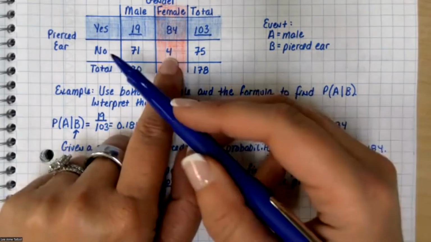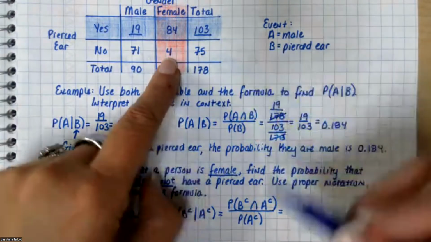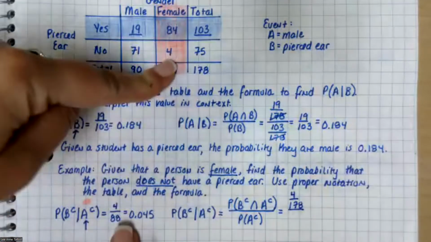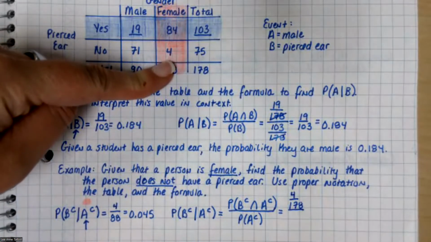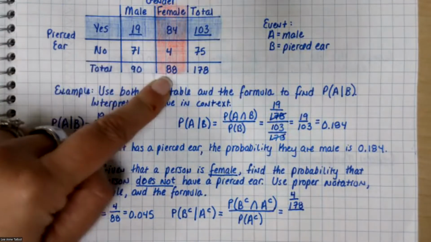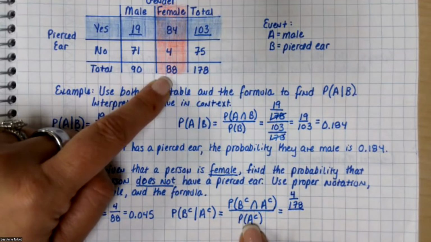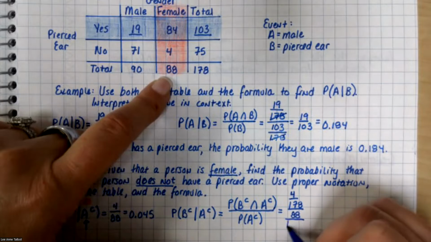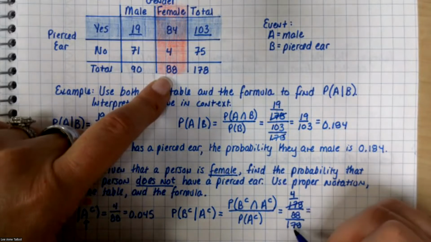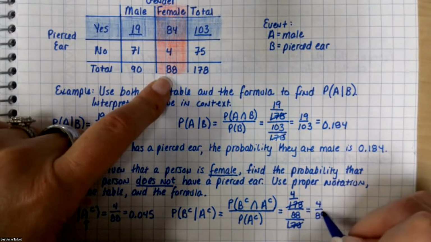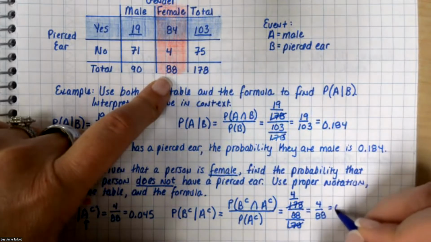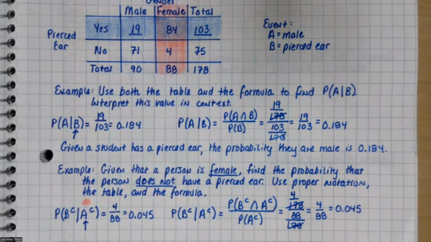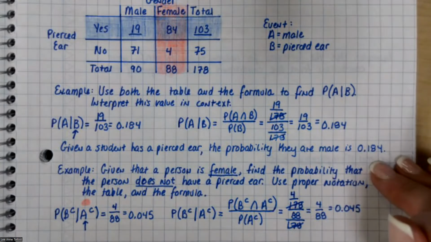So not pierced ear and not being male is this 4 out of 178. You could sort of cheat off of yourself from over here because you know the top has to be 4. And then probability of not being male would be 88 over 178. Cancel, cancel. We're not going to write the sentence again because I'm pretty sure you get how to do that.